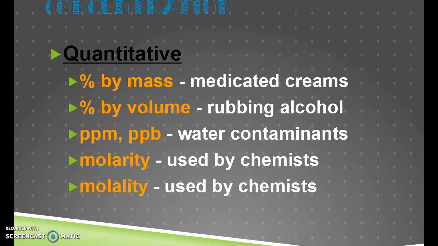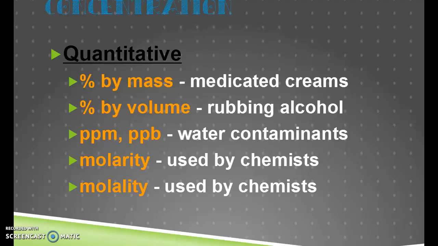An example of a medicated cream could be hydrocortisone cream. There's over-the-counter strengths. There's also prescription strengths, which do a much greater job at dealing with intensive situations that require a cortisone cream. Percent by volume, so the rubbing alcohol in your home is a percent by volume concentration.